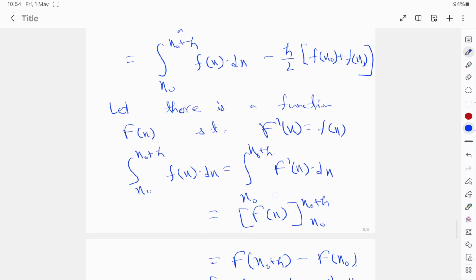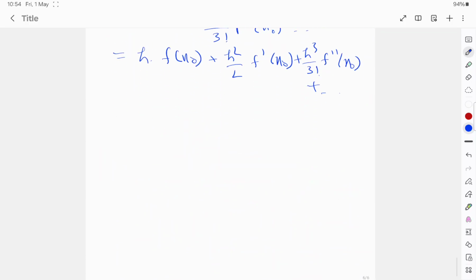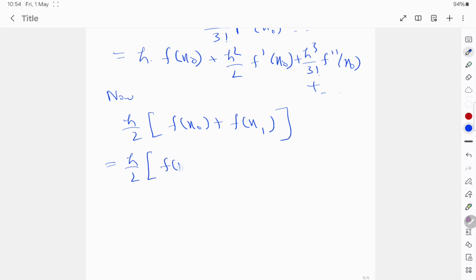Now for the second term, if you do so, what you have is f of x1. That time you can write it as f of x0 plus h.